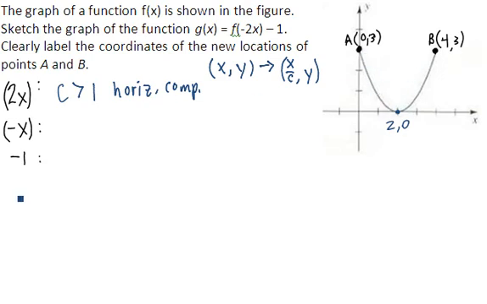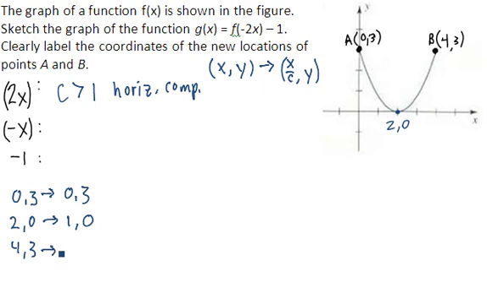So we start with our points, (0, 3), (2, 0), (4, 3), and we do x divided by c. So we're still going to have (0, 3) here. Here we've got 2 divided by 2 is 1, so (1, 0).